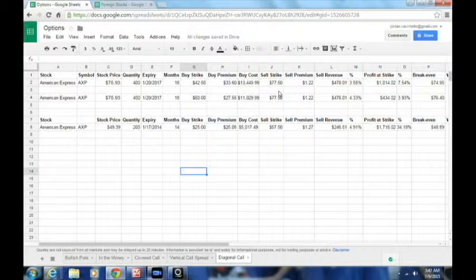And I set it up, again, making sure that I've calculated all of this, so that if the stock does skyrocket that first month, I'm still going to make a profit. So if the stock goes well above 77.50, let's say to 80 or 85 for whatever reason, I'm still going to make a profit of 7.54% or 3.93% in 1 month. So that's a fantastic return.